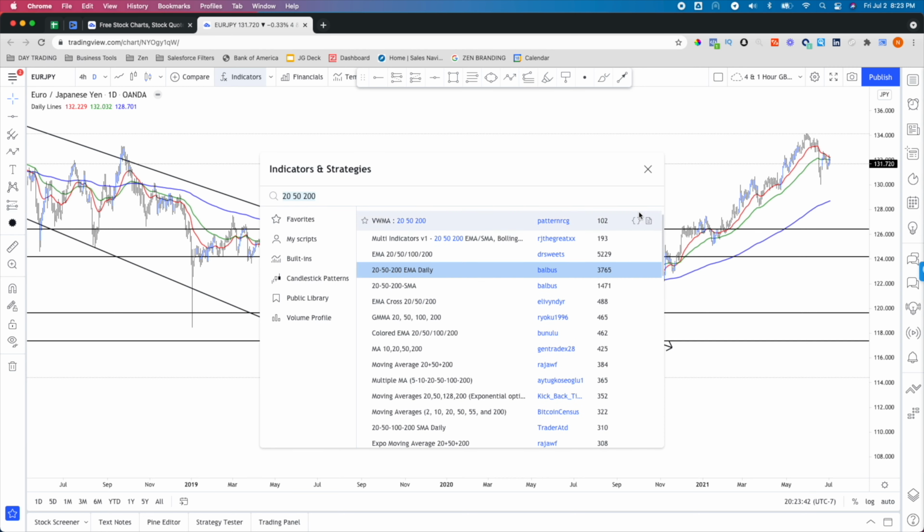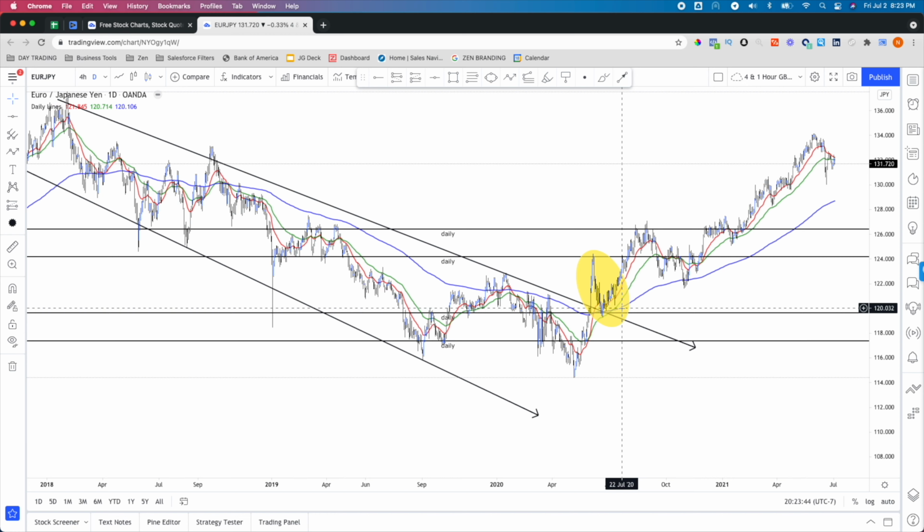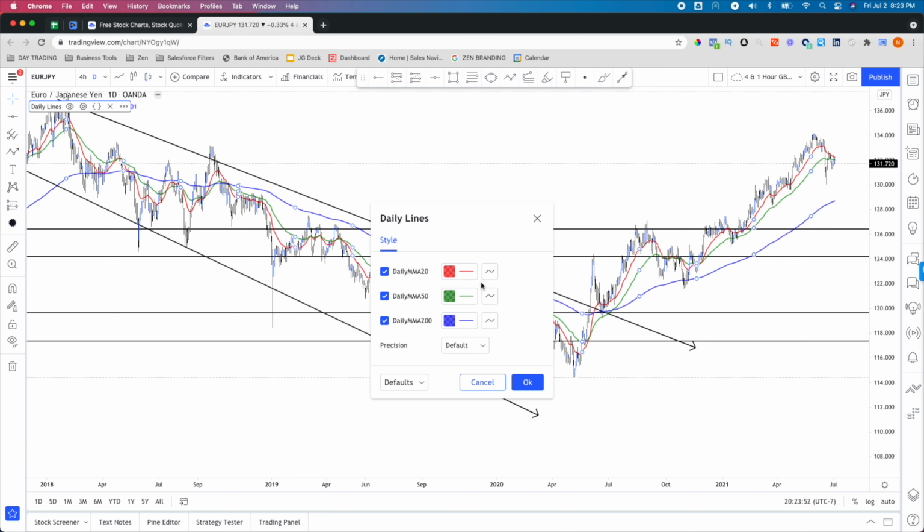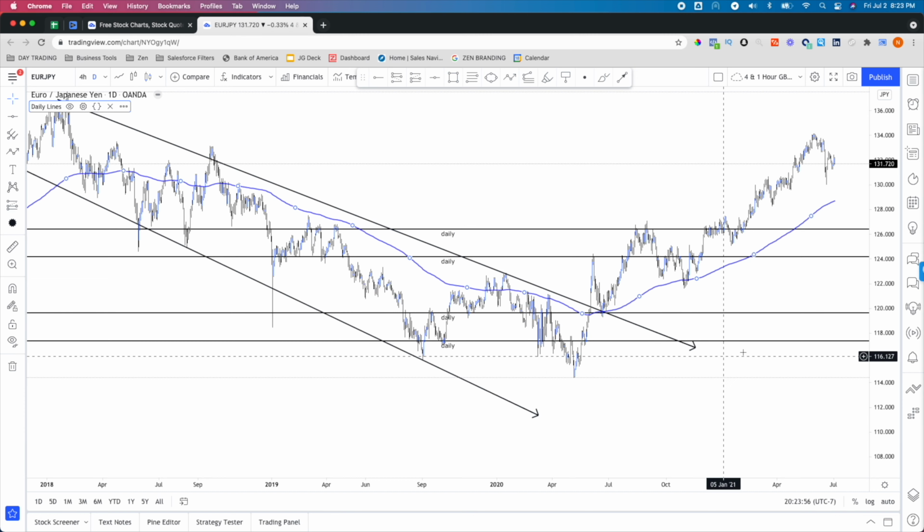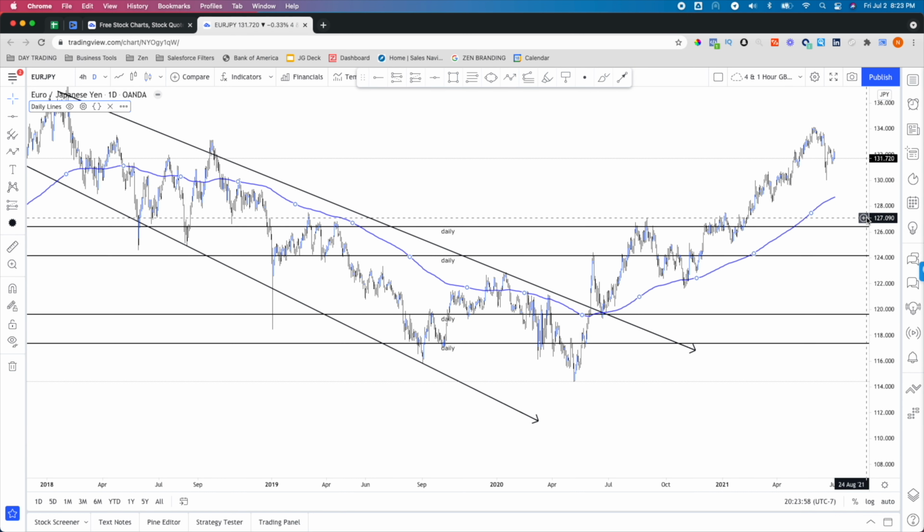Here it is. Awesome. So the other thing that you guys want to understand is the 200 EMA is a very significant EMA. And the reason why I say that is because 200-day moving average is a long period of time.